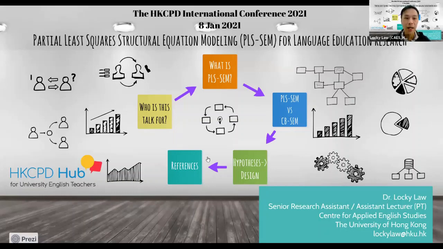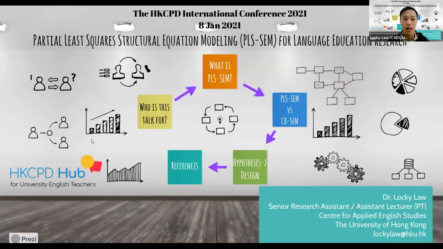I am Dr. Lucky Law, Senior Research Assistant and part-time assistant lecturer in CAES, Hong Kong U. This presentation uses an example from one of our center's learning transfer projects, which is probably the first ever large-scale EAP project that applies this particular PLS-SEM structural equation modeling approach.